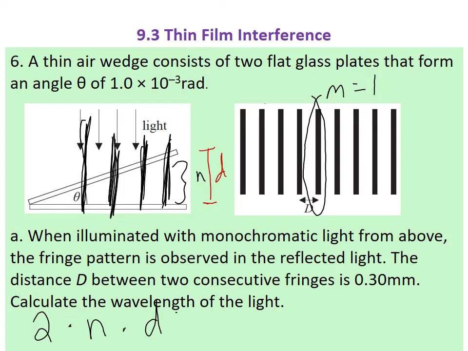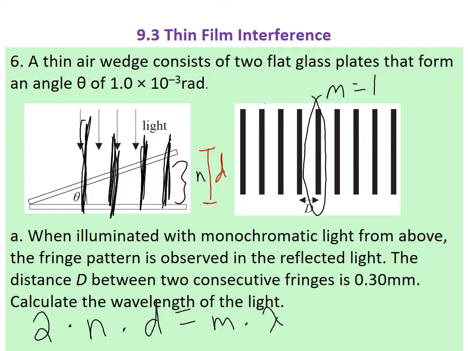I set this equal to m, where I'm letting m equal 1, times my unknown lambda. The problem is d is also unknown, so I have to relate d to the spacing of the fringes via the small angle approximation.